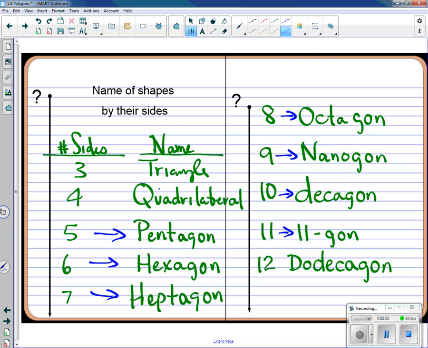What would you call an 11-sided figure? An 11-gon, right? And then a 12-sided figure is a dodecagon. That's my favorite one. Of all the polygons, that's my favorite. And from that point on, we'll just simply write the number, put a dash, and write the word gon. So a 27-sided figure would have 27 sides. We'd call it a 27-gon.